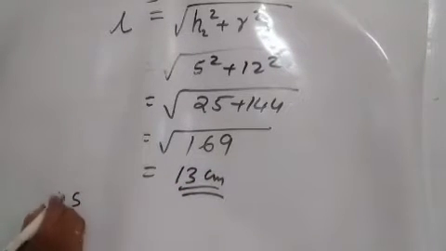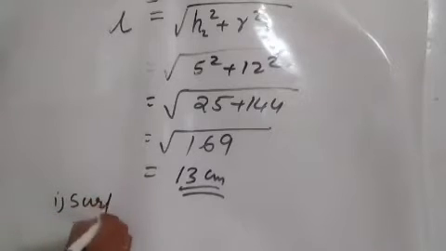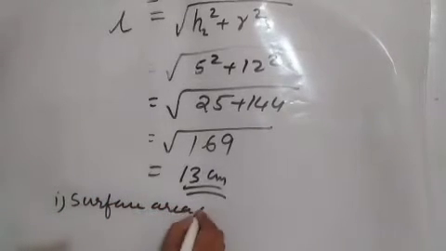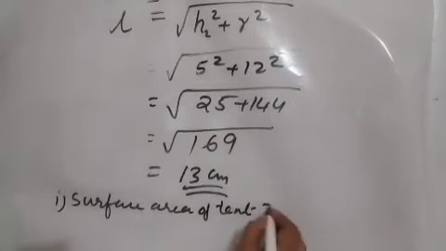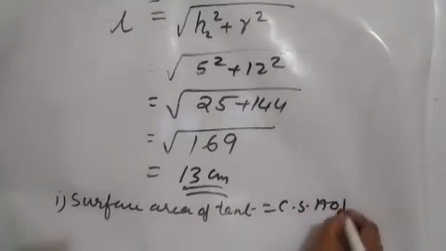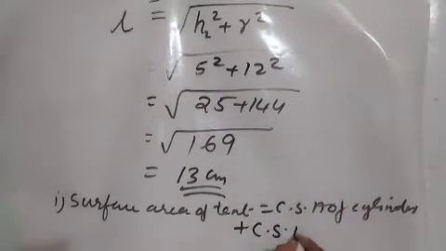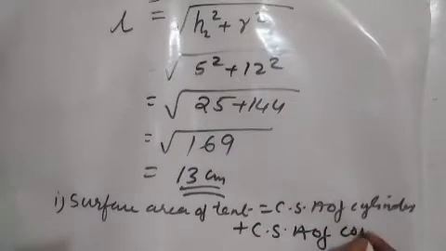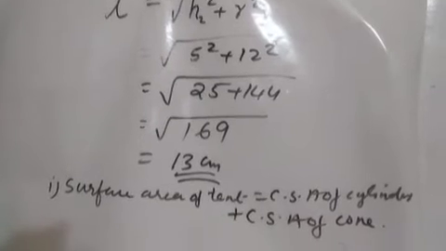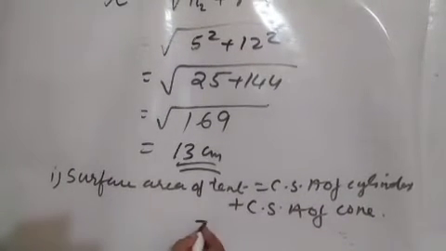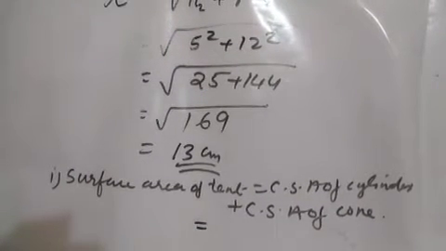Now the first question: the surface area of the tent. The surface area of the tent is the CSA of the cylinder plus the CSA, curved surface area, of the cone. So we know the equation. What about the base of the cylinder? We don't want it. It's a tent, no?